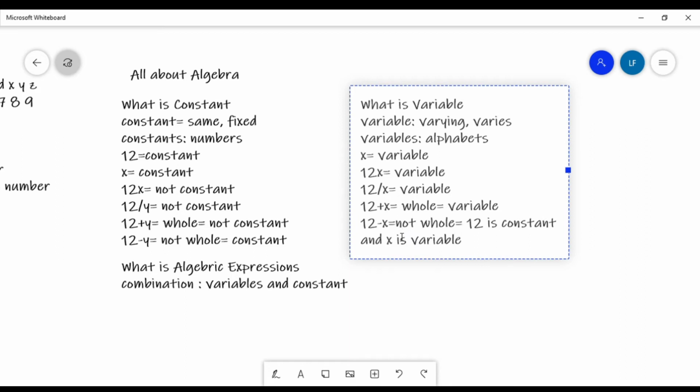Minus x is a variable. So that is known as variables.